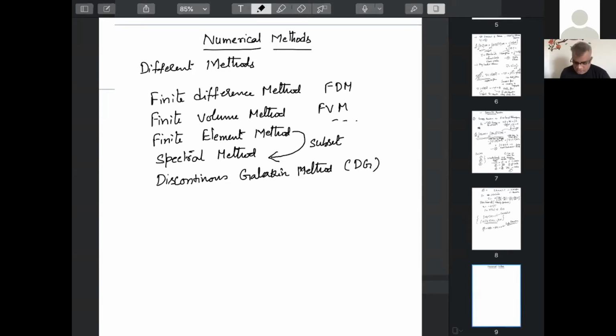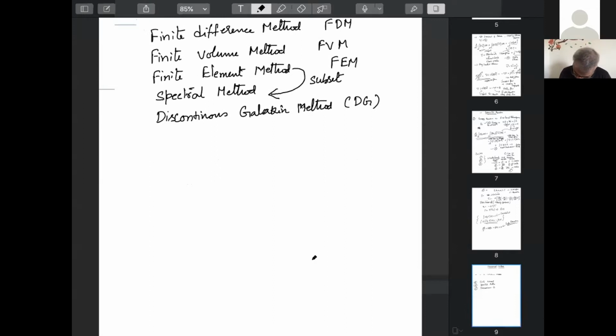or differential equations, whatever it is. So the basic idea is you consider a domain. Let us consider a small domain of interest, and this domain is discretized into a number of points. These are the basic points that you're looking at.